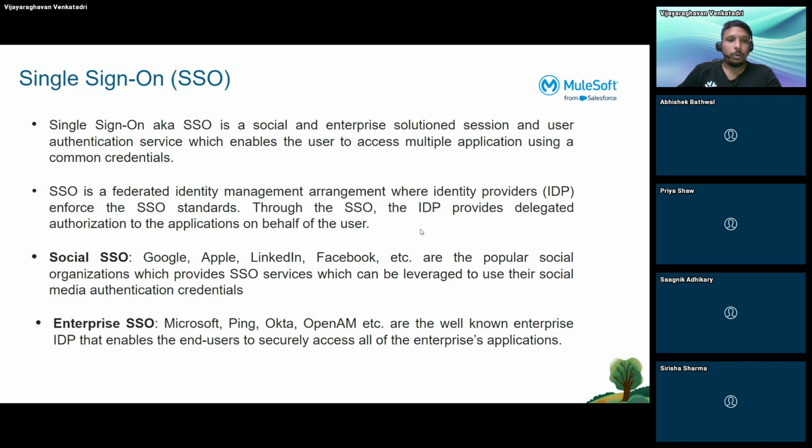So for example, Google is my identity provider. Google itself is a system which has an identity provider. So when you say it's the identity provider, it is going to handle my credentials, and it is going to manage my authentication and authorization.